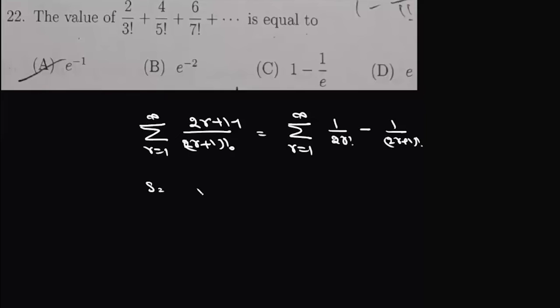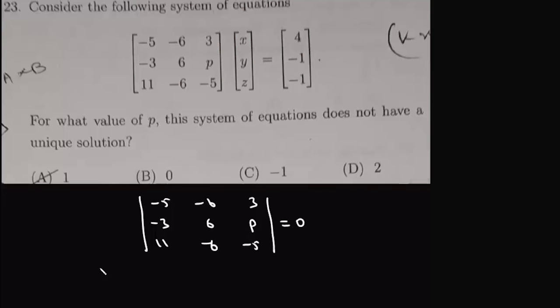Now if you put r as 1, we get 1 upon factorial 2 minus 1 upon factorial 3 plus 1 upon factorial 4 minus 1 upon factorial 5. And if we add 1 and minus 1 to it, it is nothing but the expansion of e to the power minus 1, and that's your option A.